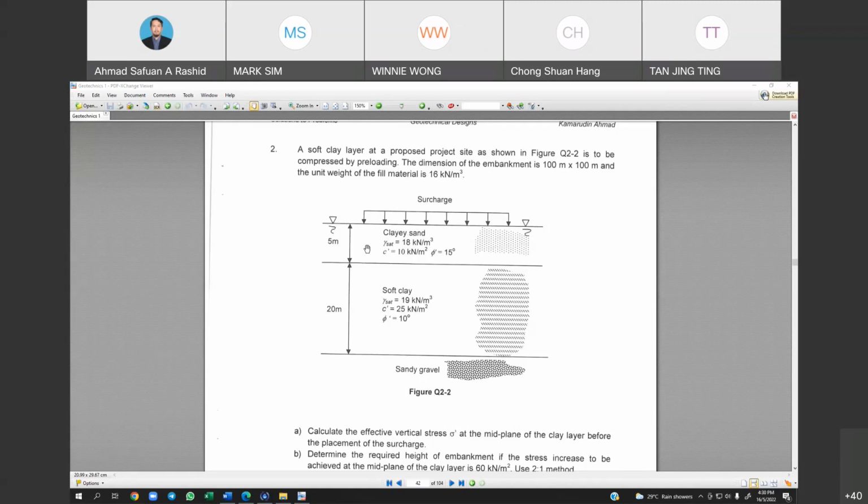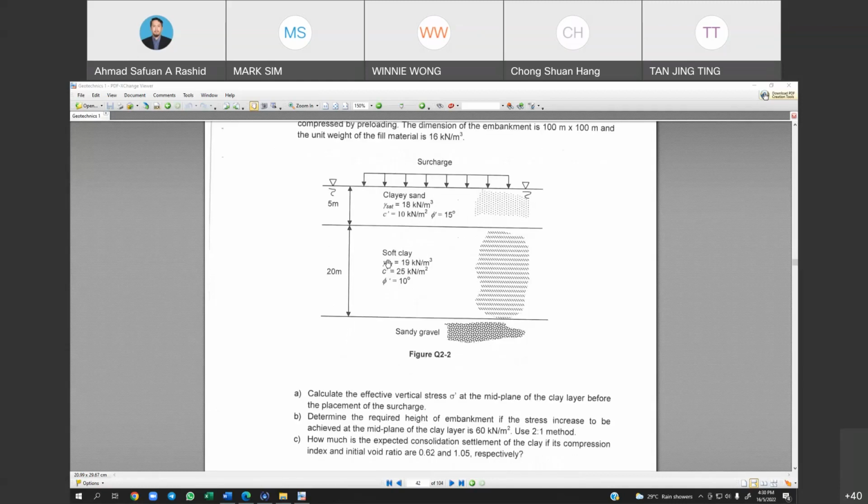If we read the name, the dominant material is the last word, so clayey sand is a sandy soil material. For the soft clay, definitely it is a clay, and the thickness of the clay is 20 meter with these soil properties.